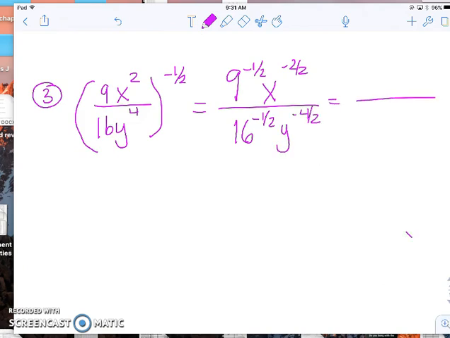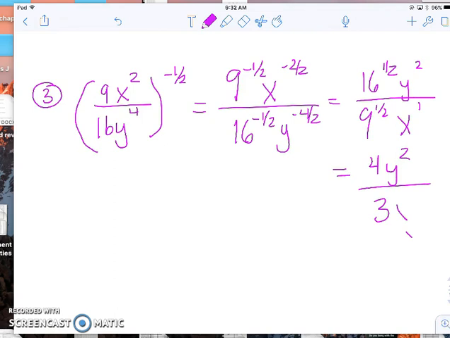And we have negative exponents, so this is 9 to the half, x to the first, 16 to the positive half, y squared. Well, what number squared gives you 16? So 4y squared over 3x.